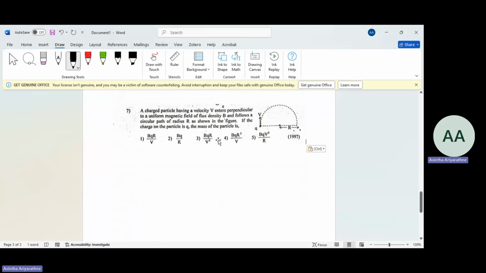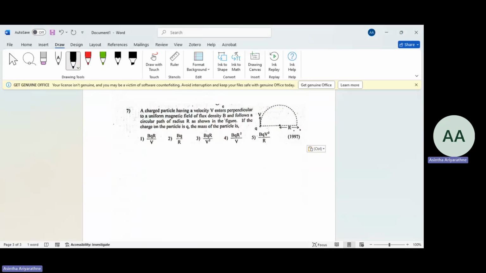Question: a charged particle having velocity v enters perpendicular to a uniform magnetic field of flux density B and follows a circular path of radius r as shown in the figure. The charge of the particle is q. Then the mass of the particle is?